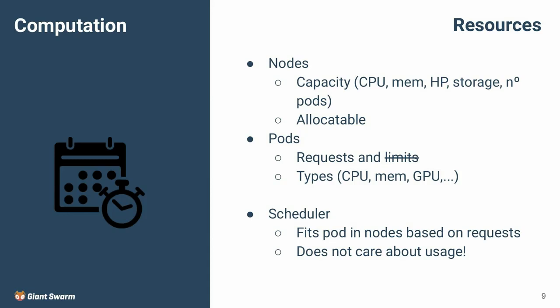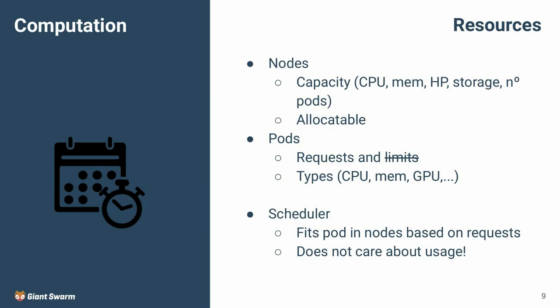From that point, you have to define the resource requests that your application is going to use. We are excluding the limits here because we are not interested in how to manage the limits. We are more interested in focusing on the request.